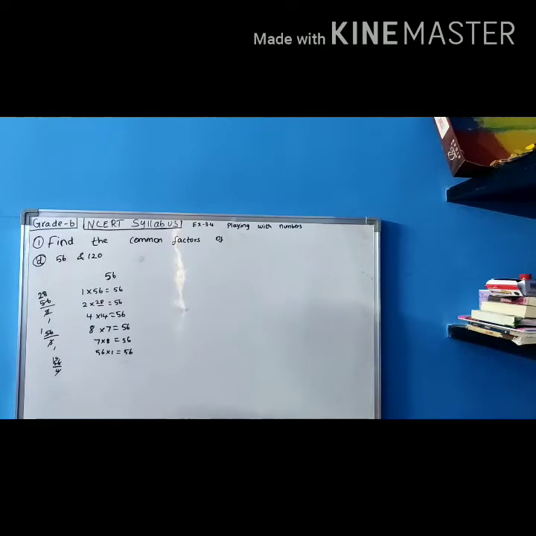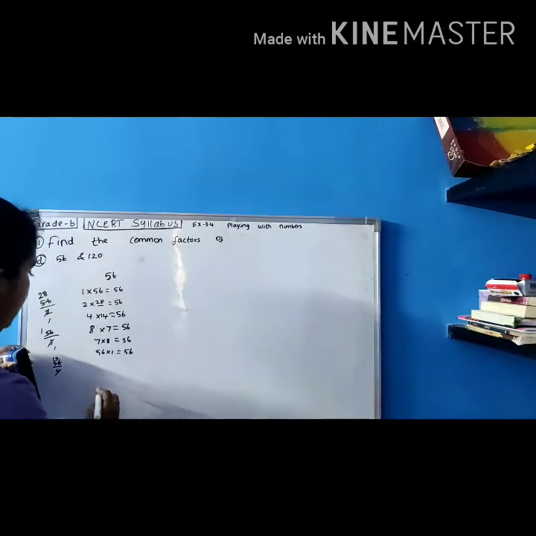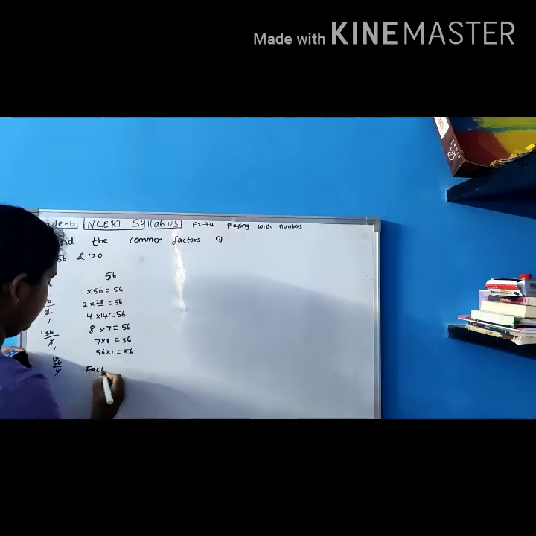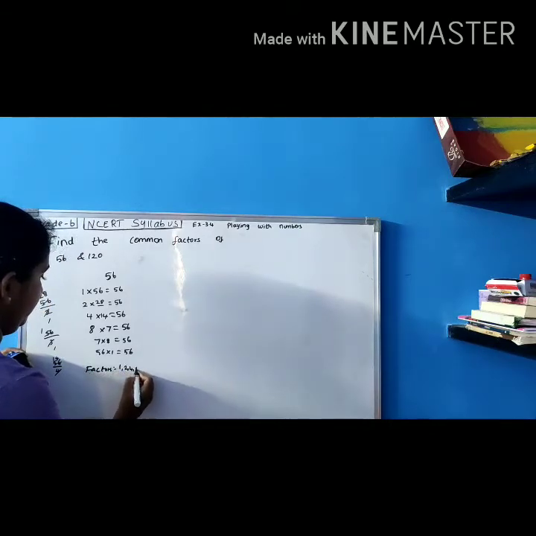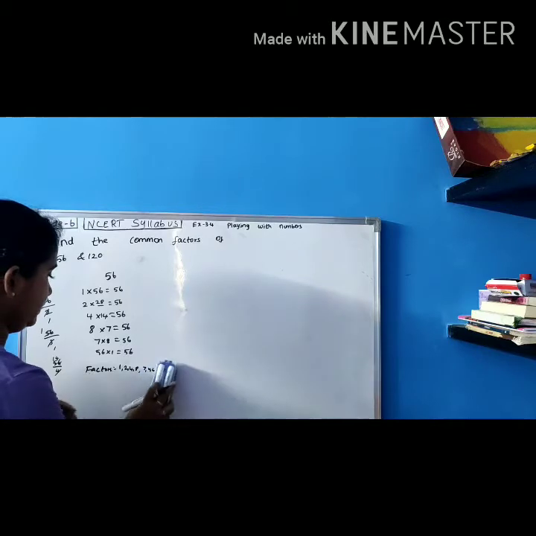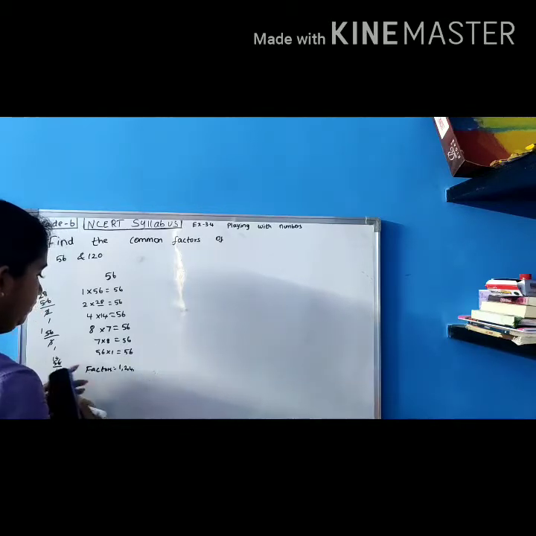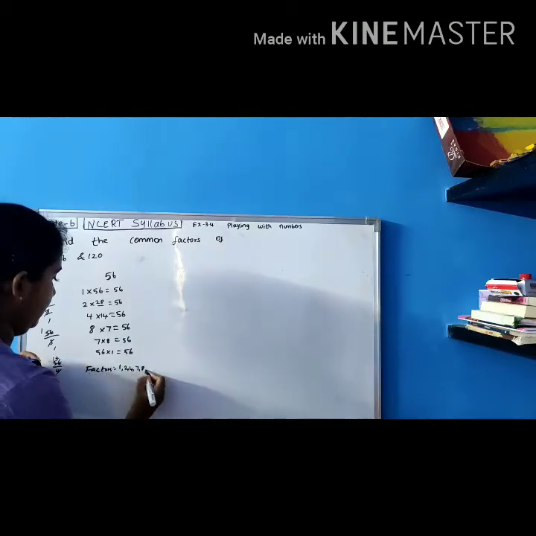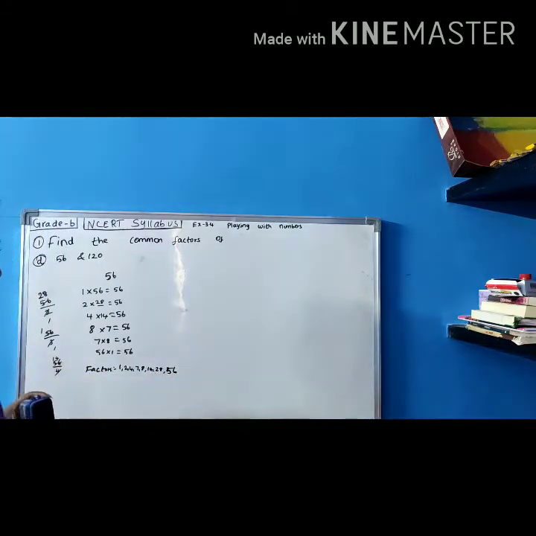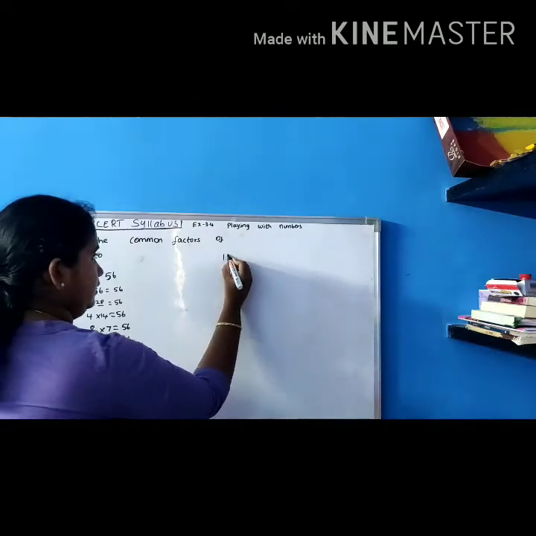Okay. Now I am going to write the factors. That is 1, 2, 4, 7, 8, 14, 28 and then 56. You have to write in ascending order. Clear? Okay.